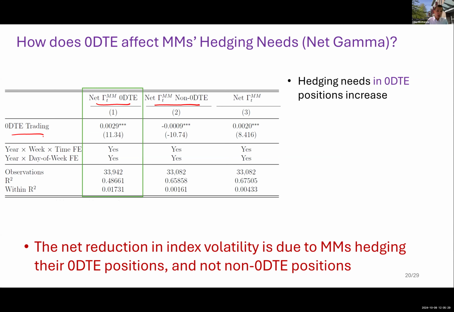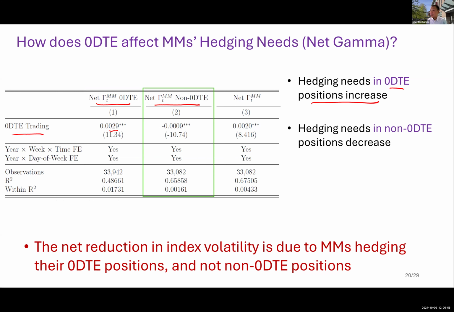So this is a simple regression that leverages the exogenous variation that we introduced earlier. And we found that hedging needs in zero DTE positions increase by about 0.29%. The total net gamma is about 1%, so this is a third increase. That's a significant increase.